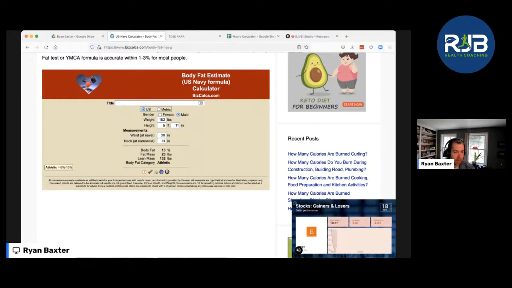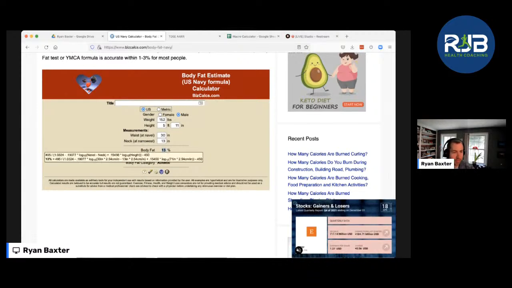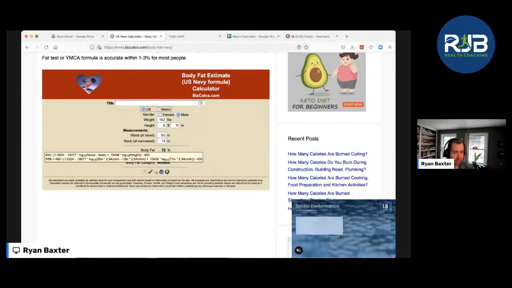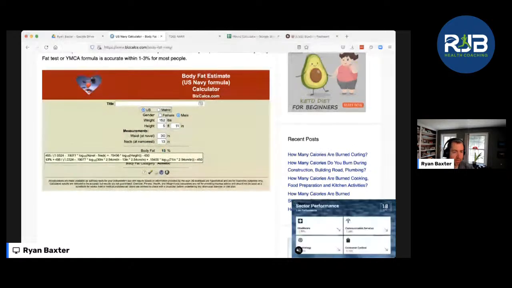So given that, I have about a body fat percentage of 13%. It's actually probably lower than this, but it's not far off, right? Via DEXA, the last time I had it done was just below 10%, so it's not terribly far off. So it's a rough estimate of where you sit.